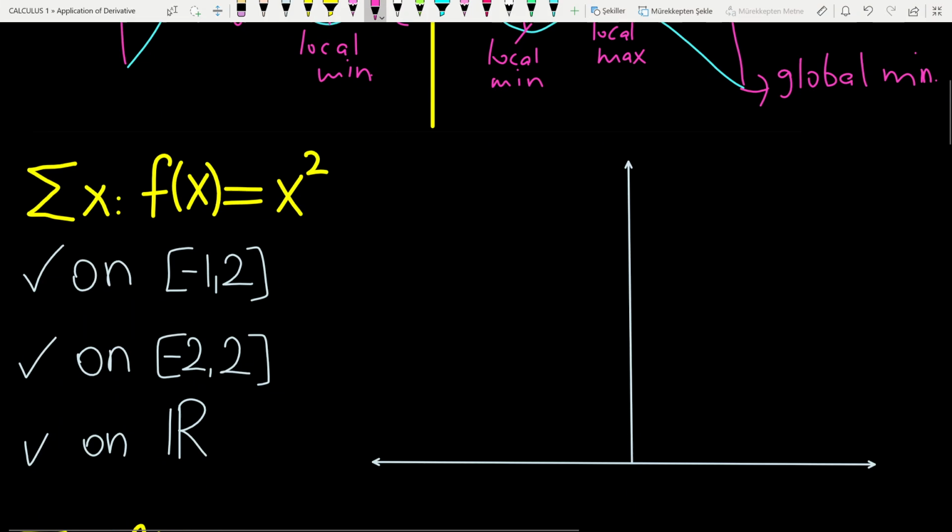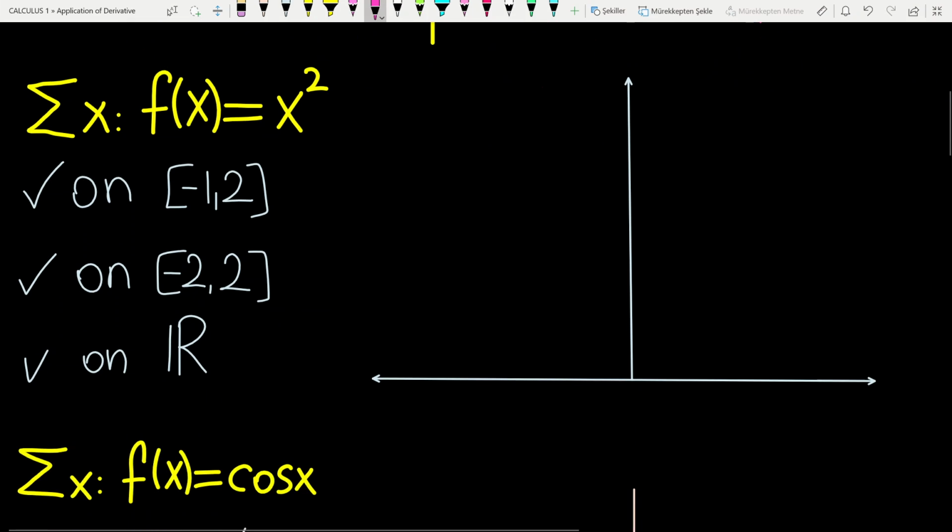Now let me continue with an example, a famous example. Let's say we have a parabola x squared and we have three different kinds of domains. The first domain is the closed interval from -1 to 2. Let's say this is the point -1, this is the point -2, 1 and 2.